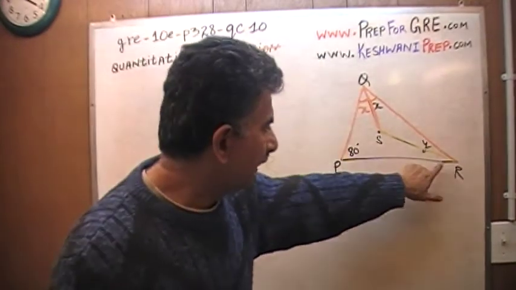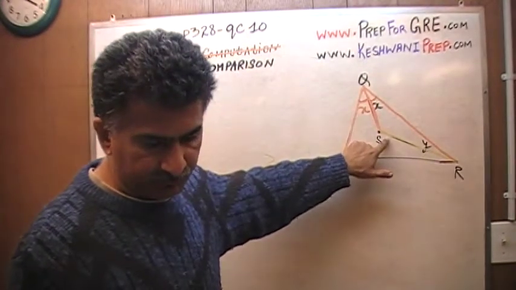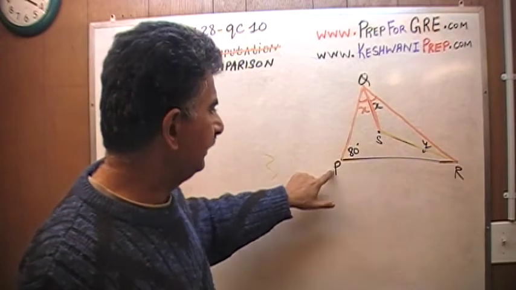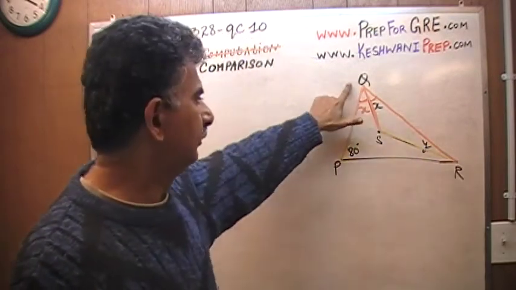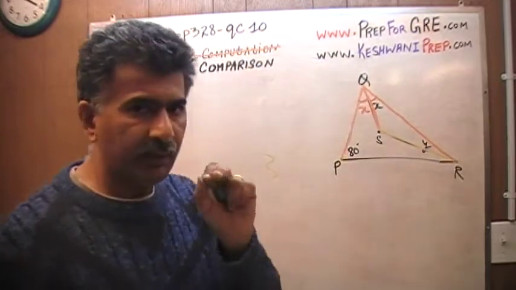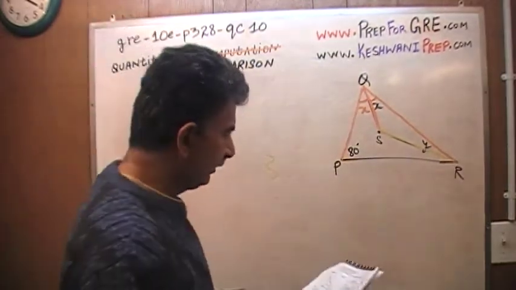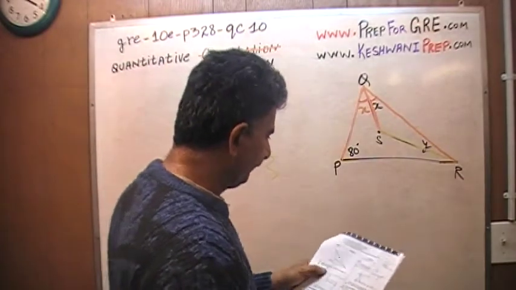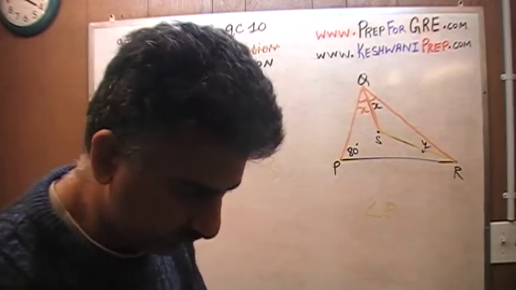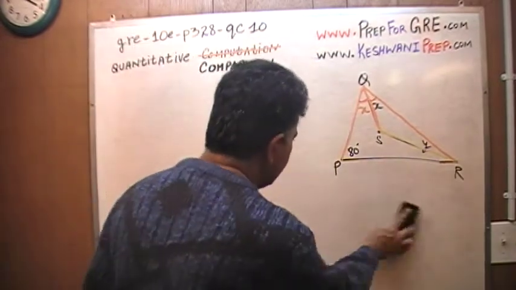PRQ, it wouldn't be PQR. Whatever letter appears in the middle is the angle that we're talking about.